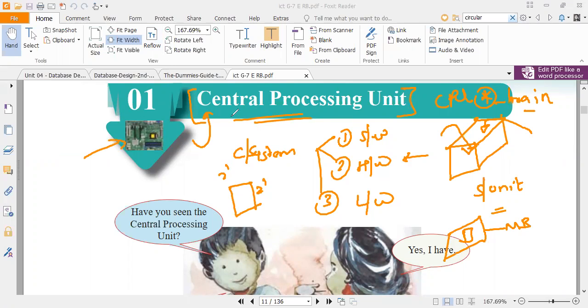It controls and gives commands to other peripherals and systems on how to work, how to get the output, how to do the processing. Everything the CPU will decide. So you can say it is the heart, or again the brain of the computer.